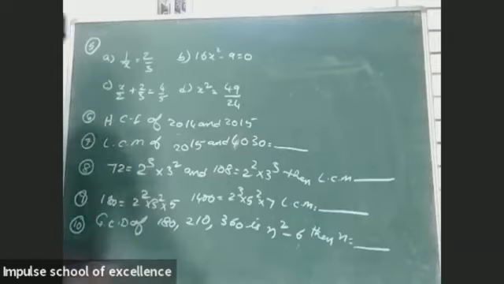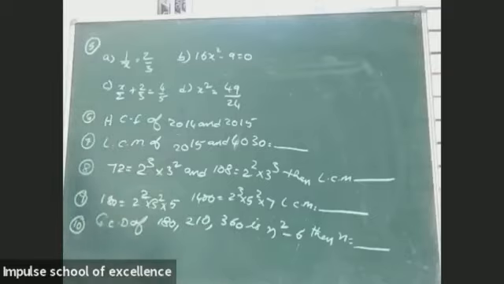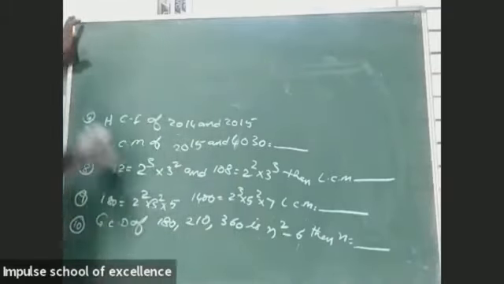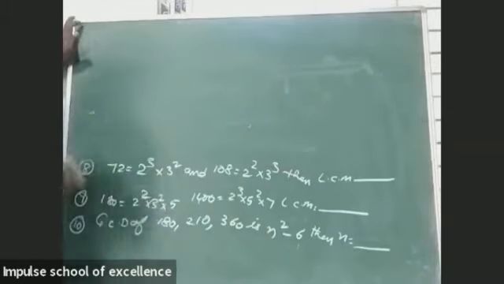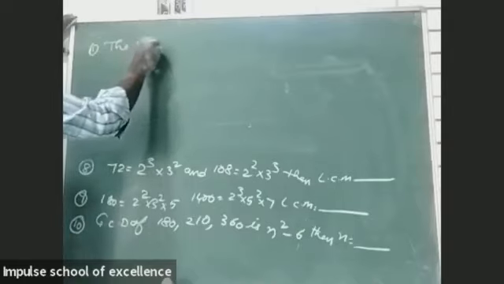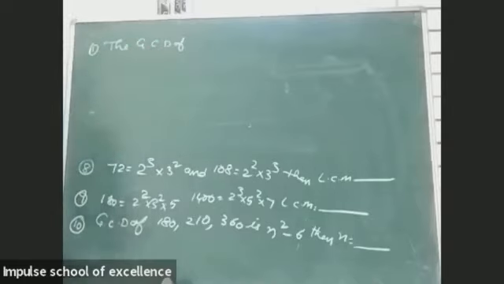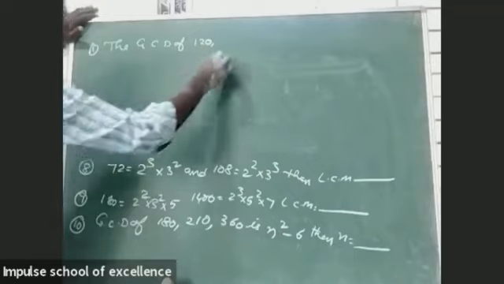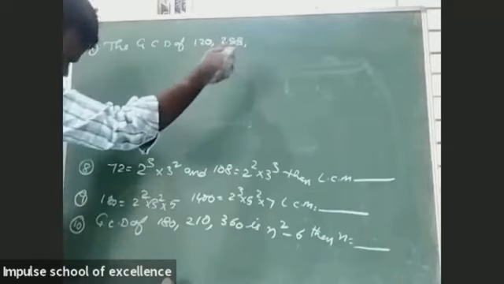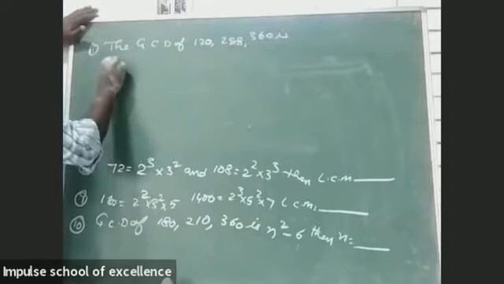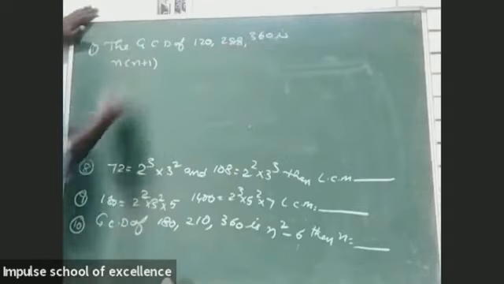Next one, 11th one, the GCD of 120, 288, 360 is n into n plus 1.